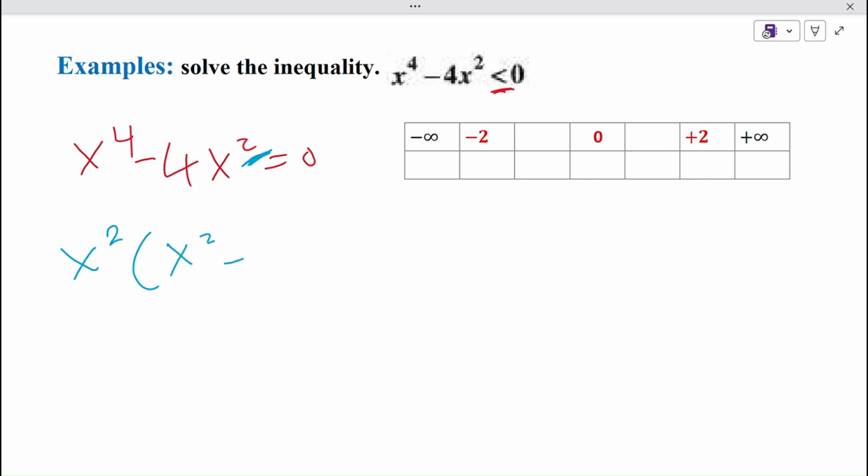Then minus 4, we don't have x because x to power 2 divided by x to power 2 is equal to 1. Okay. So let's set it equal to 0. X to power 2 equal to 0. It means by taking a square root again, x is equal to 0.